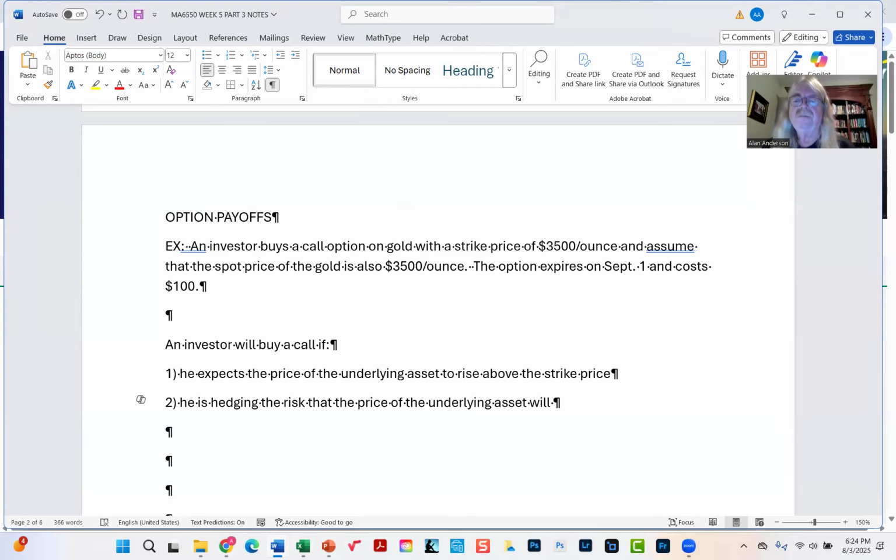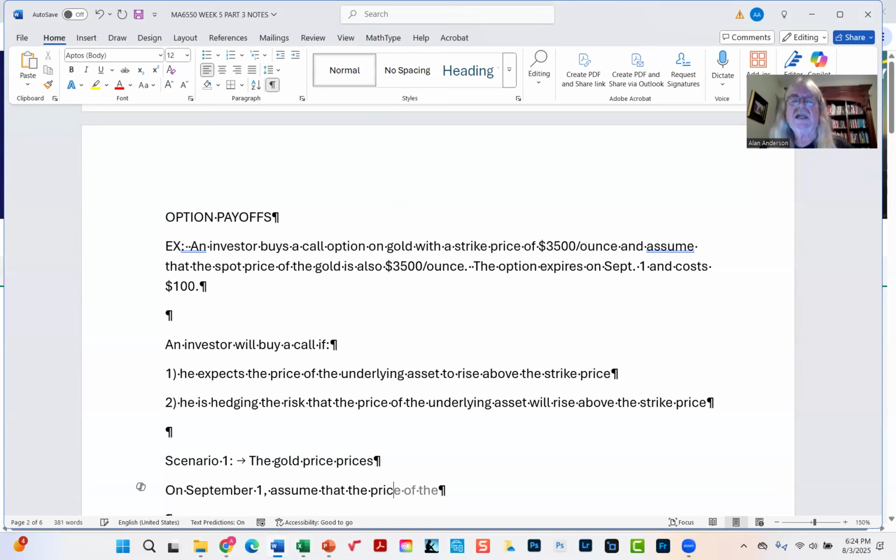So in other words, it could be either one. Okay. Now, let's assume that September 1st rolls around. We're going to look at two scenarios. Scenario one, the gold price rises. On September 1st, let's assume the price of gold has risen to 3,700.